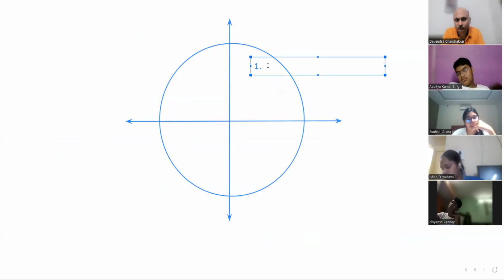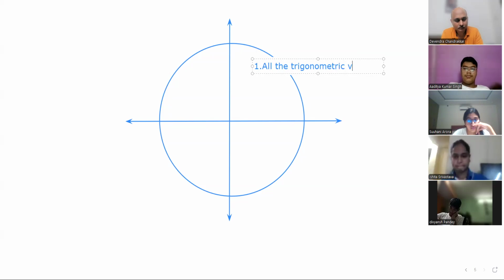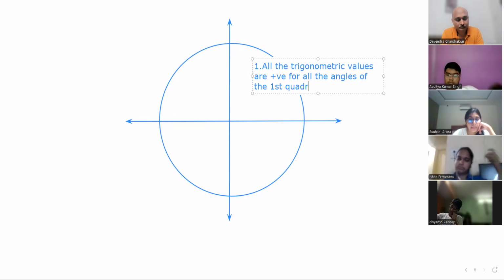So for the first quadrant, all the trigonometric values, by all I mean sine, cos and tan, are positive for all the angles of the first quadrant, right?